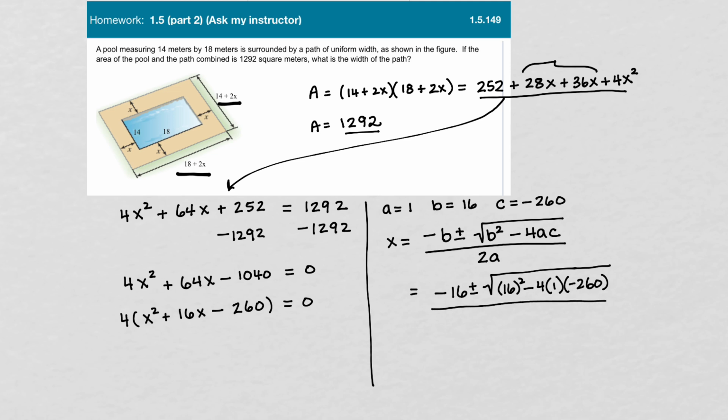And that's all over 2 times a, which is 1. Okay, I'm going to put this into my calculator, and I get negative 16 plus or minus the square root of 1,296. That's all over 2.